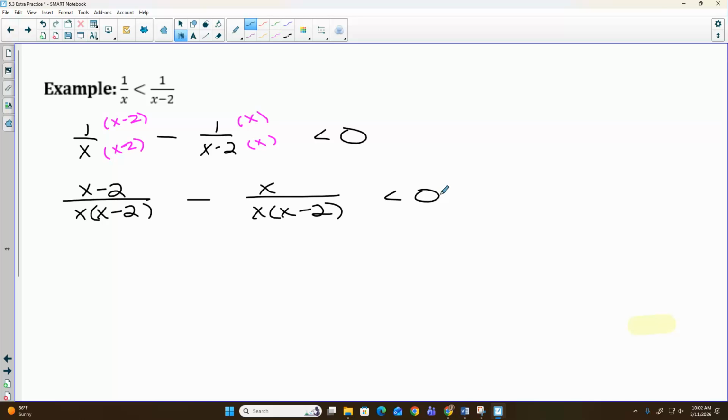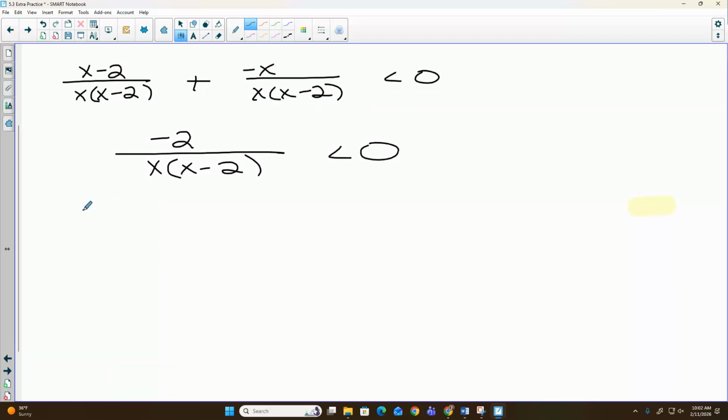Now we put them together. So we make this plus a negative, x minus x cancels, so we get negative 2 over x times (x minus 2). So now we have our single fraction.